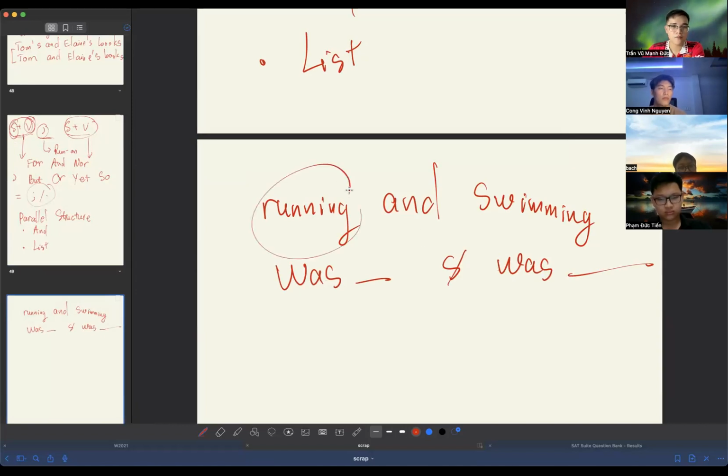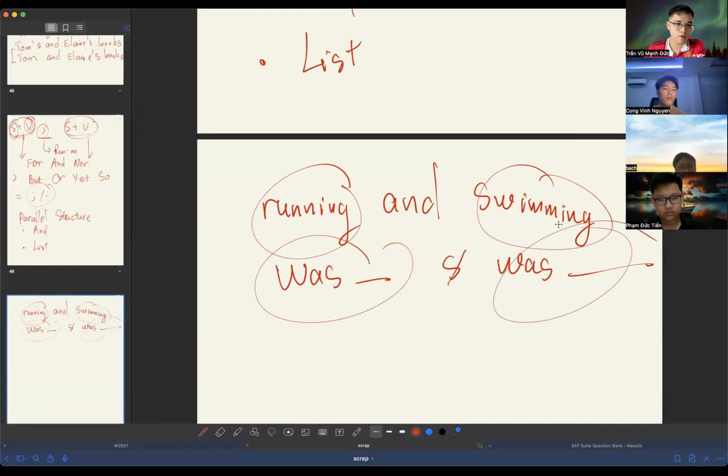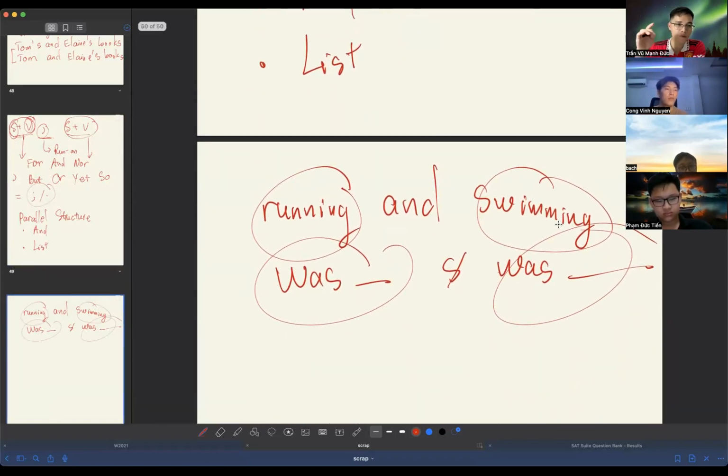You have to ensure the same form of verb in between these two. And not only verbs, you have to ensure the same form for every single word. For example, adjective with adjective, verb with verb, and noun with noun, everything like that. Also lists, for example, running, swimming, and diving, or jumped, scared, screamed, or funny, relatable, and laughable.